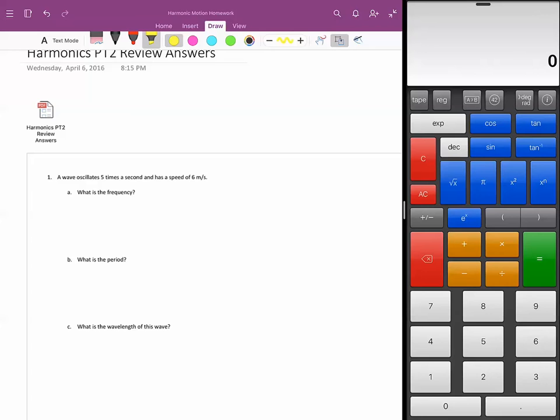Alright, number 1, you have a wave that oscillates 5 times a second with a speed of 6 meters per second. The first thing is obvious. If you have 5 oscillations in 1 second, this is actually your frequency.